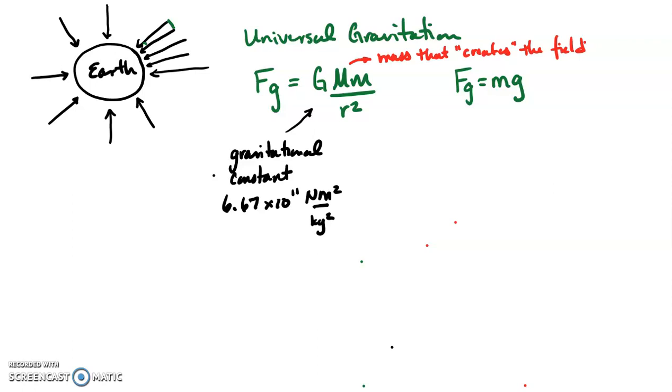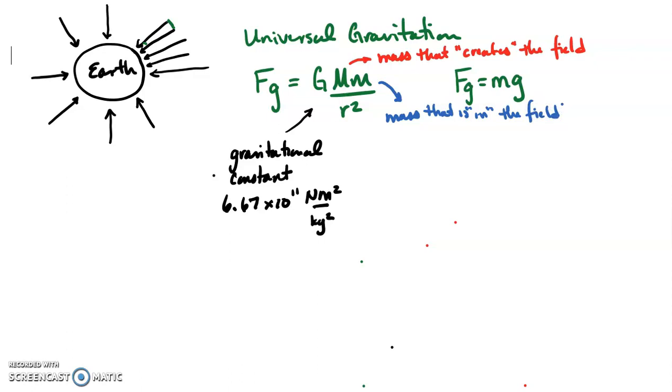The Earth is creating the field. So if I were to drop a pebble on the Earth, well, the Earth is what's creating the field, and that pebble is what's in the field, and that pebble's mass would go like here. This is the mass of the object that is in the field.